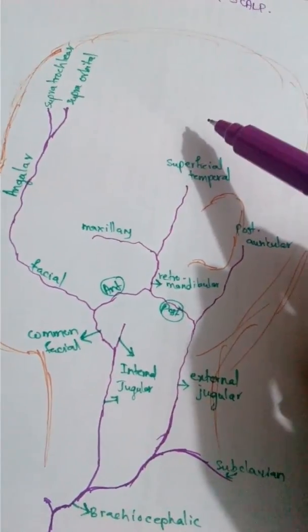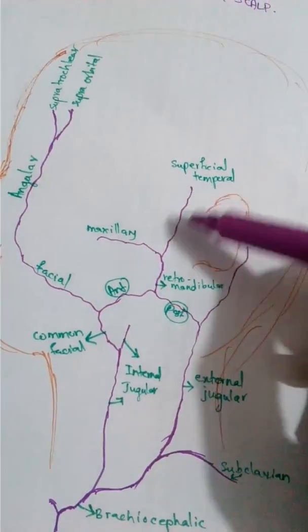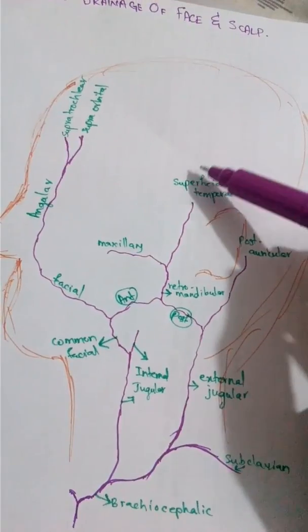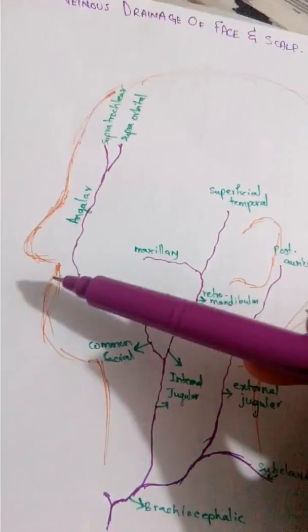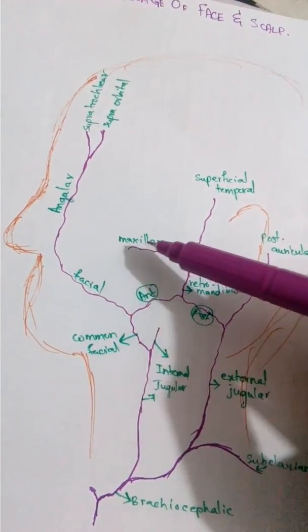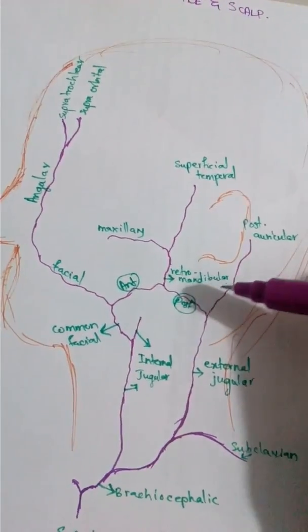From the temporal part of the skull comes the superficial temporal vein. So we have the superficial temporal vein over here, and this is the maxilla, and from here the maxillary vein comes. They both drain into the retromandibular vein.